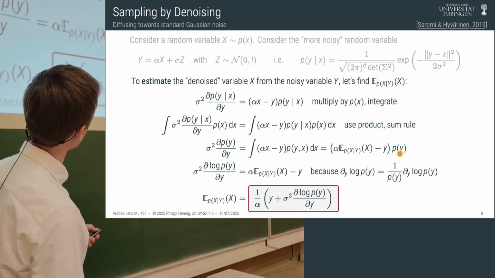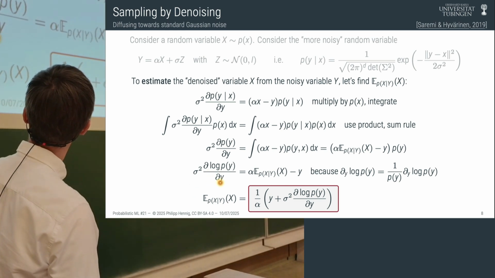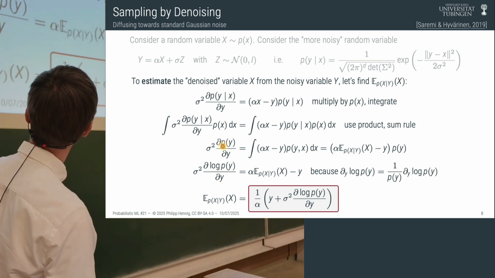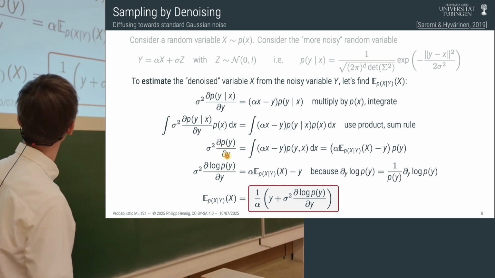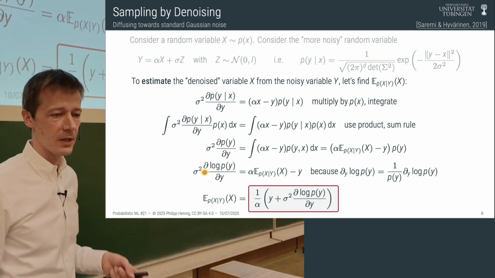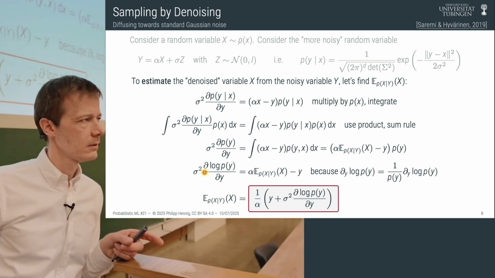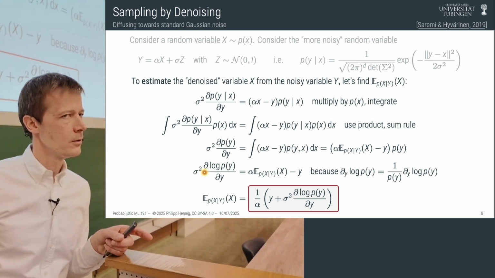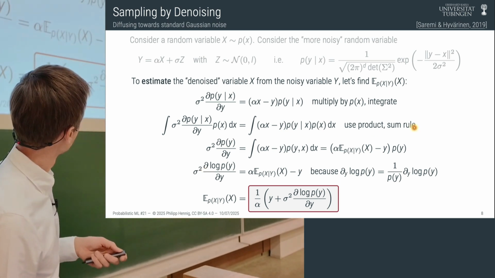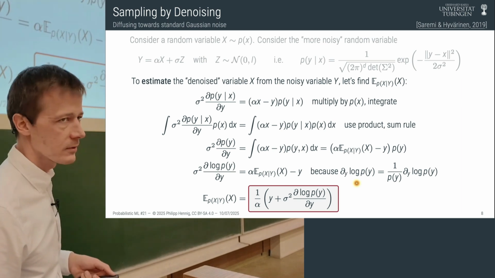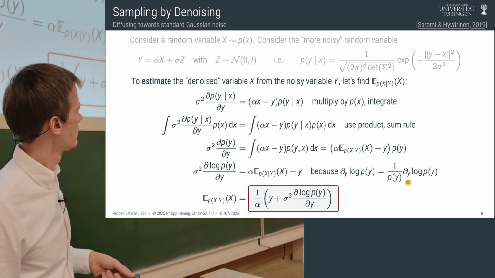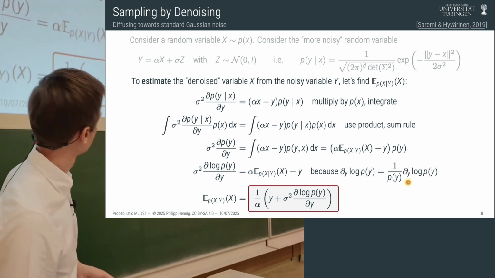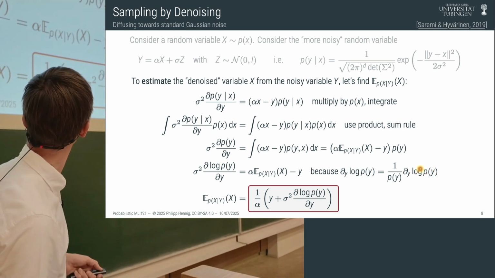Now we divide by the p of y to put it on the other side, and we realize that if you get 1 over p of y dp of y dy, that's the same as the derivative of the log of p of y dy. Everyone still following? No? So the derivative of the logarithm of p is 1 over p times the derivative of p.